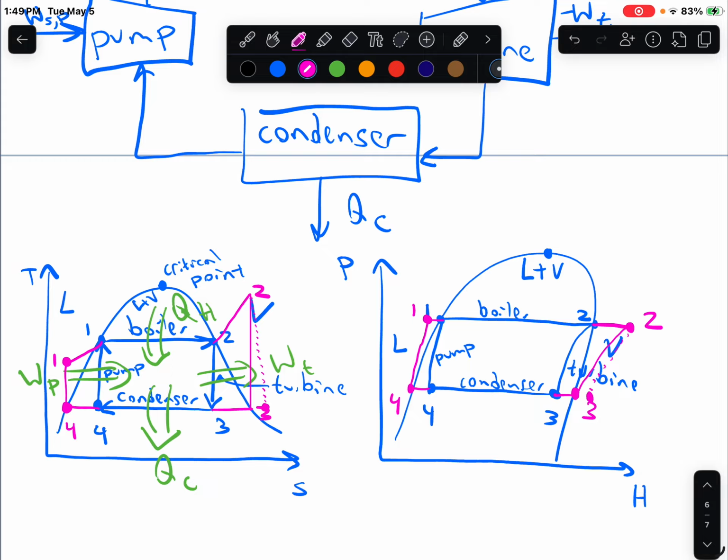Likewise, the pump is going to also have some efficiency less than 1, so it's going to actually increase the entropy. So it'll move something like that, right, if we want to consider a non-ideal pump. And the actual H you get would look something like this.